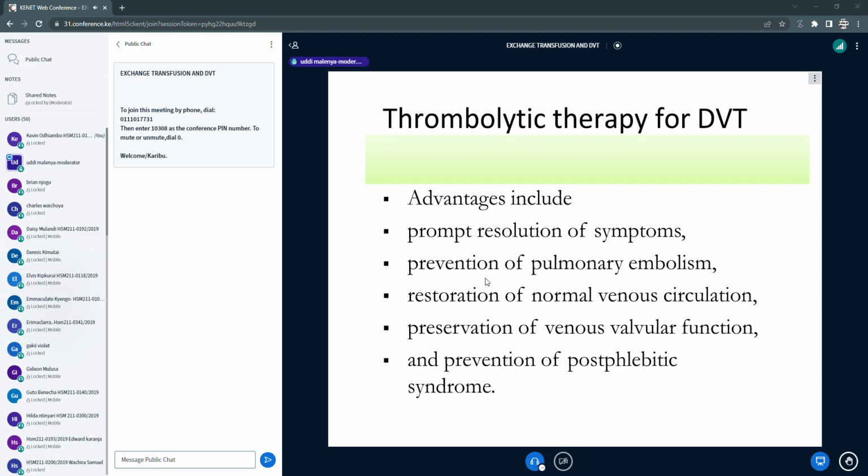You can also do thrombolysis. This is a clot busting therapy. It's supposed to be used especially if you want prompt resolution of symptoms, prevention of pulmonary embolism and restoration of normal venous circulation.